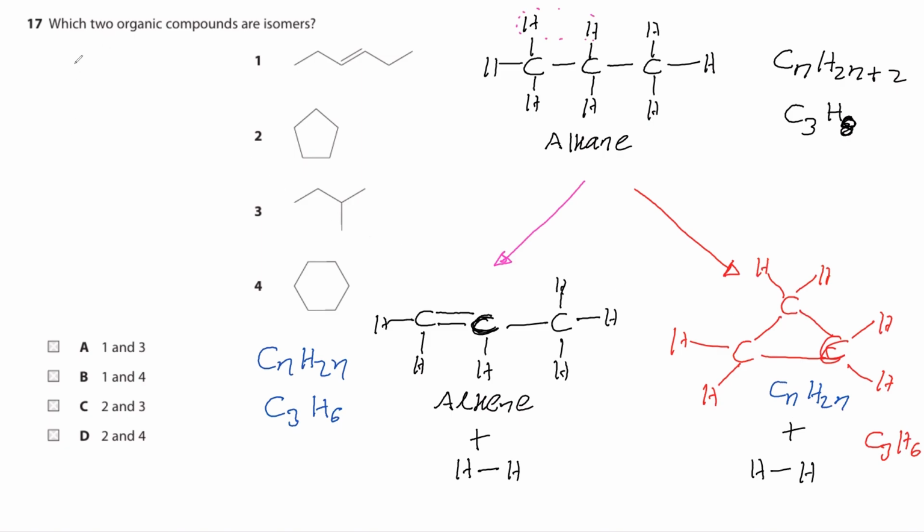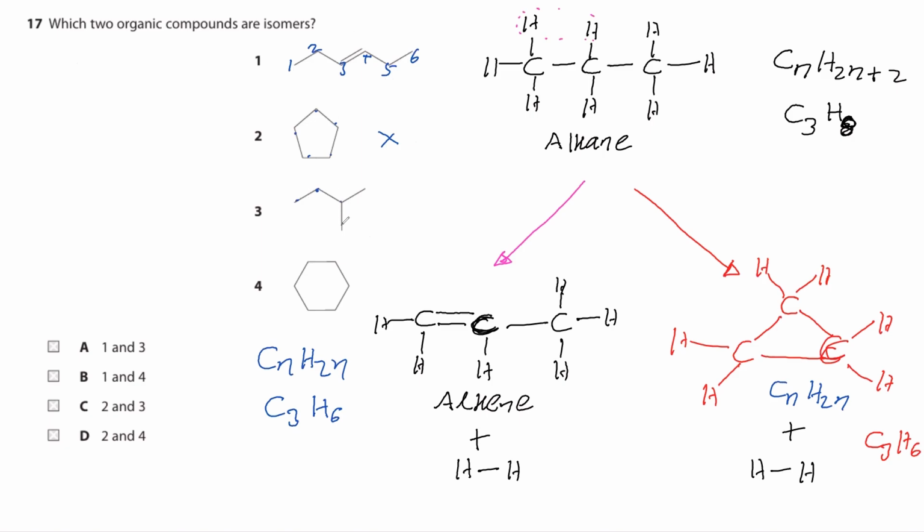So remember that part. Keeping that in mind, let's go for our question. Which two organic compounds are isomers? I can see in this one there's 1, 2, 3, 4, 5, 6, a 6 carbon alkene. Do I have anything else with 6 carbon? First you have to find that the number of atoms should be the same. This one has 5 carbon, so 1 and 2 can't be isomers.